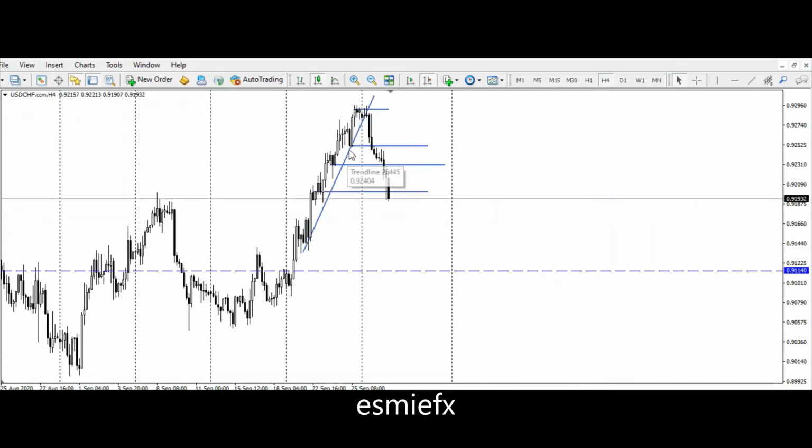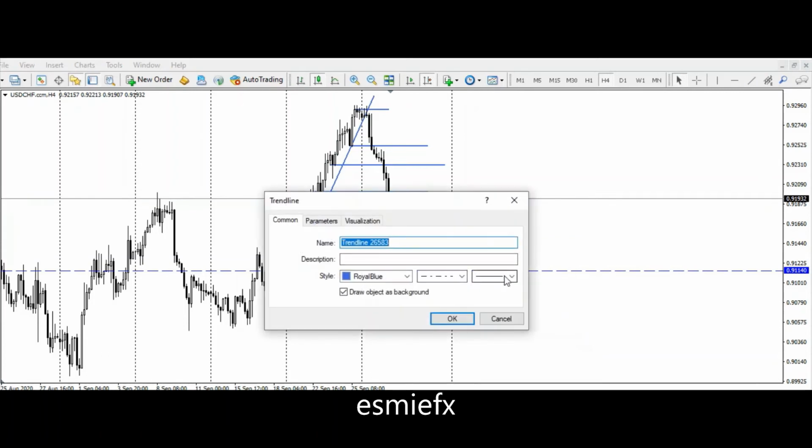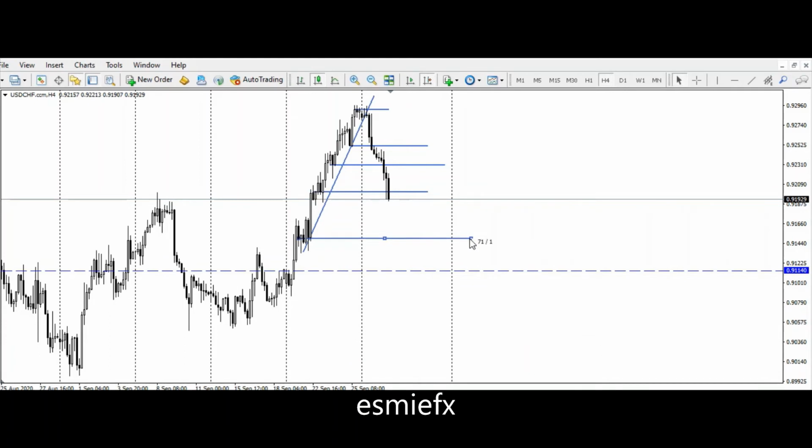So now going to 4-hour. This is the previous support, and then here support, and this here. I've got one more here to draw. So you can see the price has just dropped.